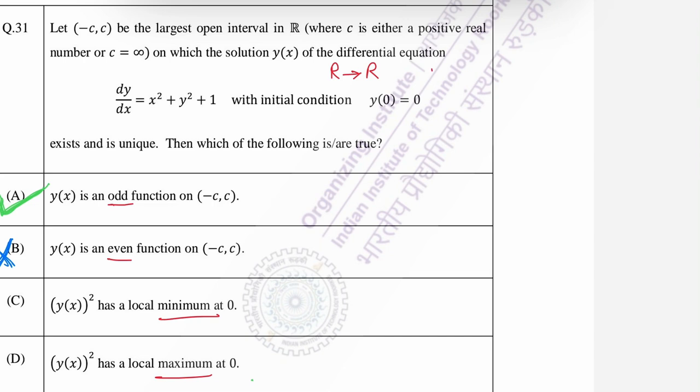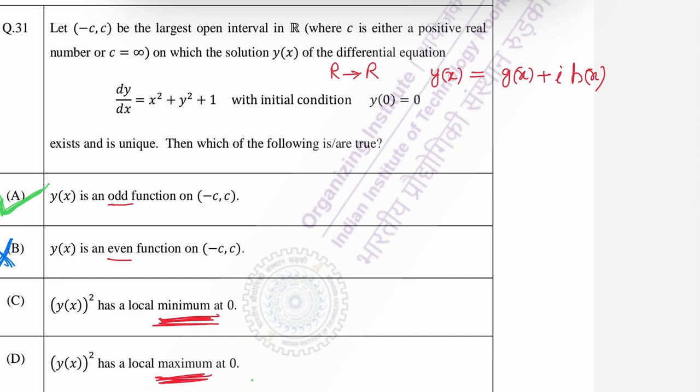Suppose y(x) may be of this type, f(x), or y(x) may be of this type, g(x) plus i h(x).